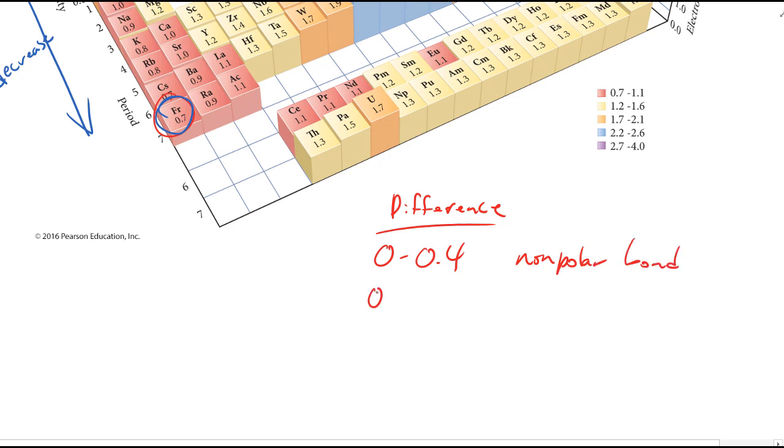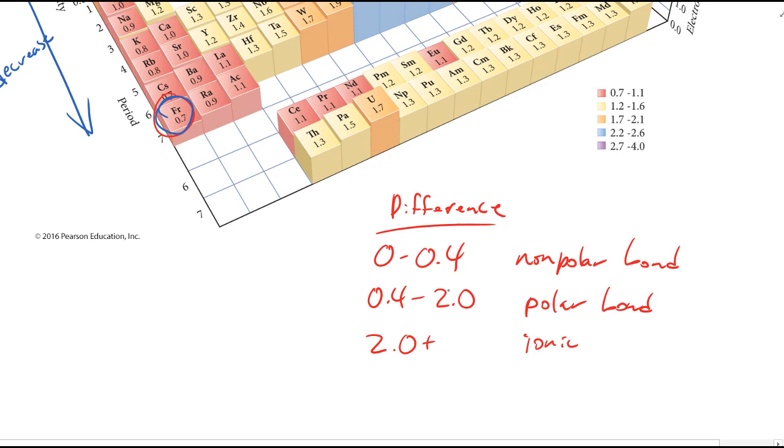If the difference is 0.4 up to 2.0, then we call it a polar bond. And if it's 2.0 and above, then we say that the bond is ionic. But again, I don't think you really need to know this distinction.